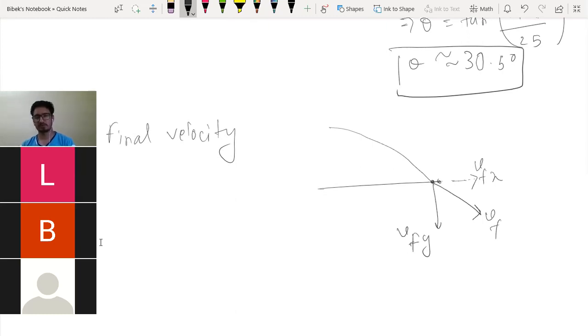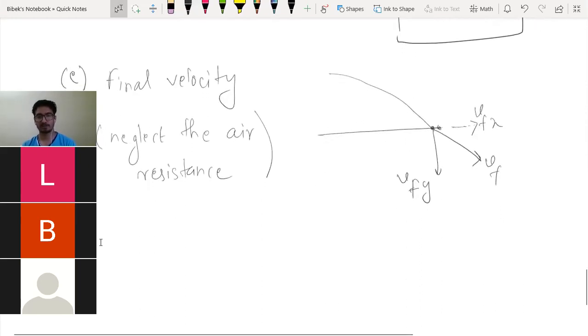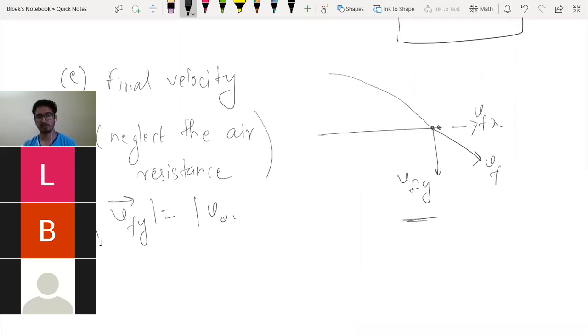In projectiles like this, since the problem says that we can neglect air resistance, your y component of the final velocity will be equal in magnitude to the initial y component of the velocity.